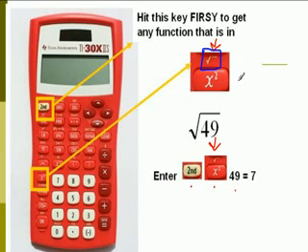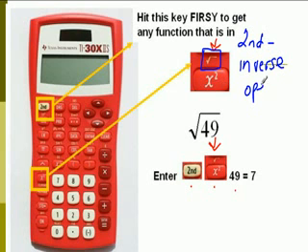All of these symbols that are in yellow can be used by hitting the second yellow key first. The second button means the inverse operation, and we've talked about that before. The inverse operation of squared is the square root.